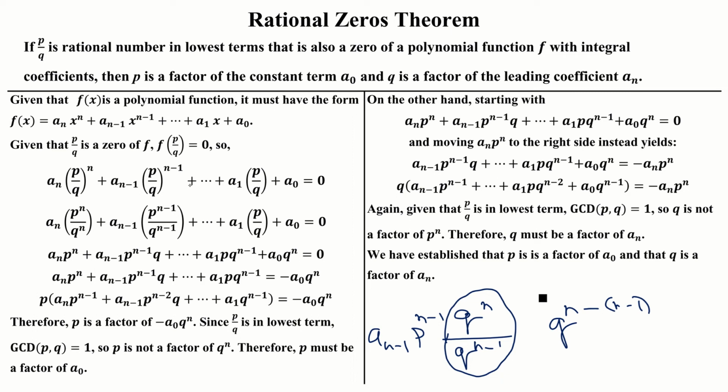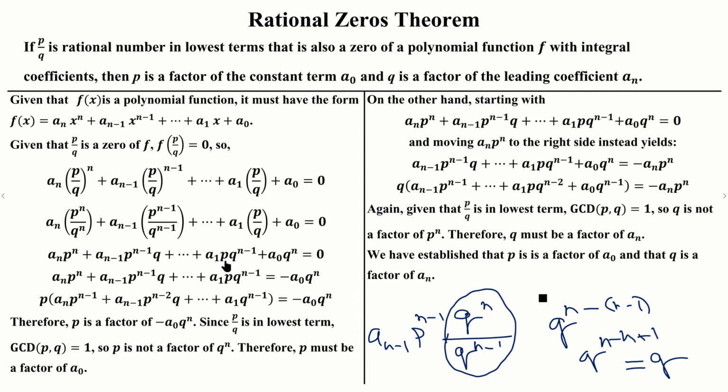When you divide two powers with the same base, you keep the base and subtract the exponents, and you end up with Q. That's n minus n plus 1, which is 1, and Q to the 1 is Q. So that's why suddenly this became just Q.